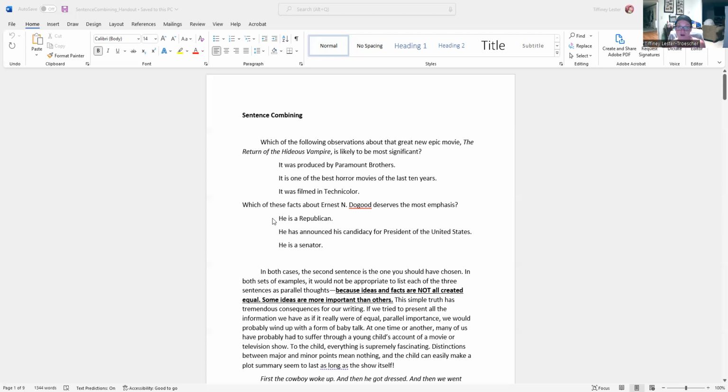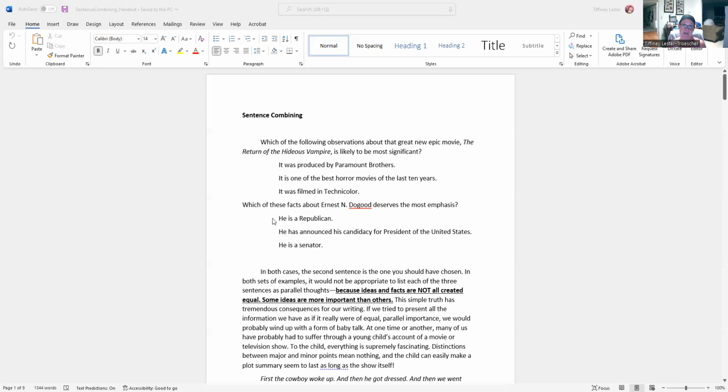When you reach the college level, you're likely going to be writing about important, more complex things. Therefore, the style of writing needs to match it. Sentence structure needs to match it.